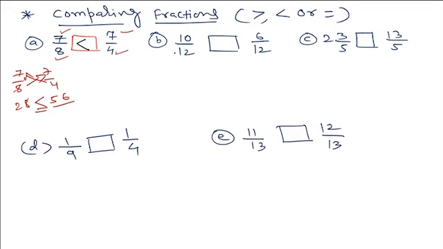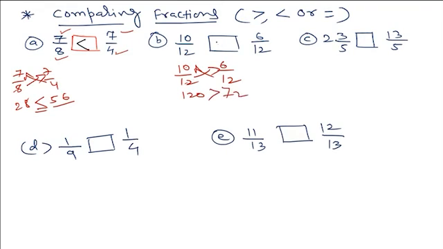Again, 10 by 12, here 6 by 12. In cross, first check it. 12 10s are 120, 12 6s are 72.